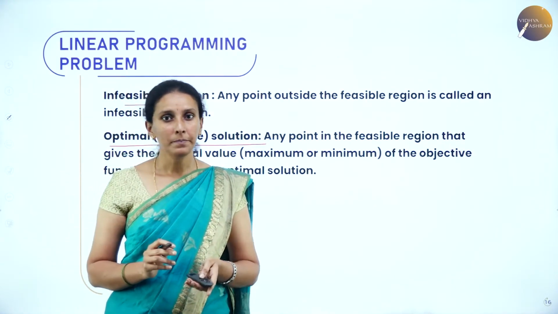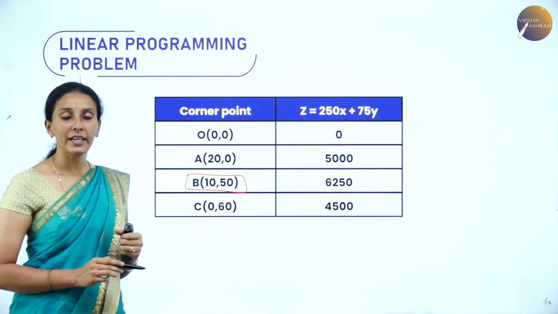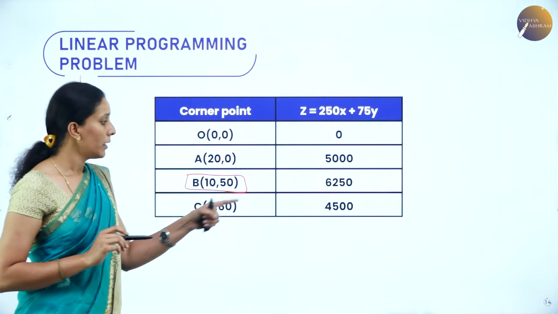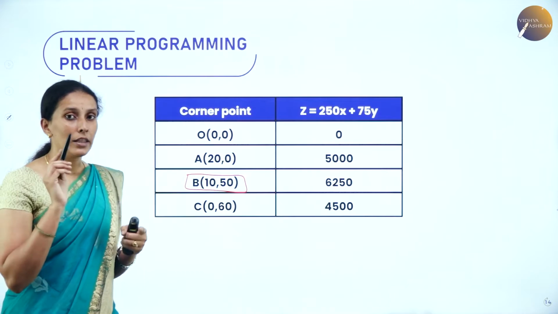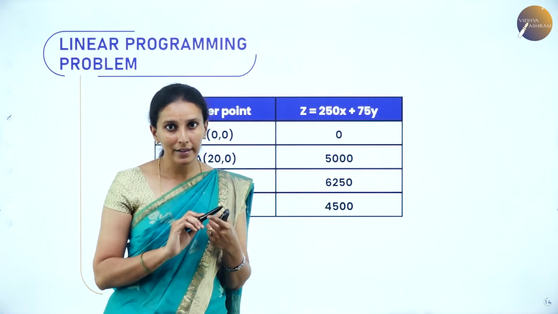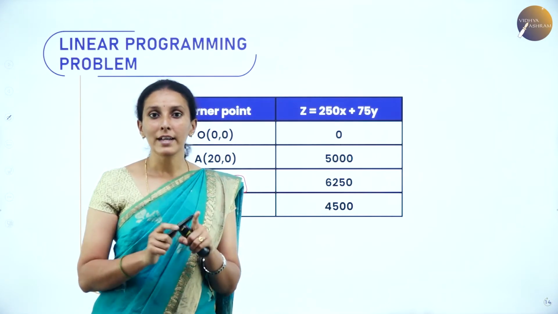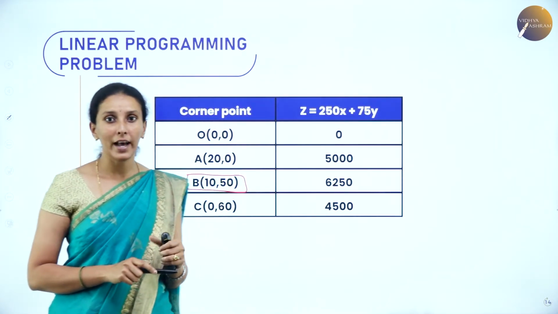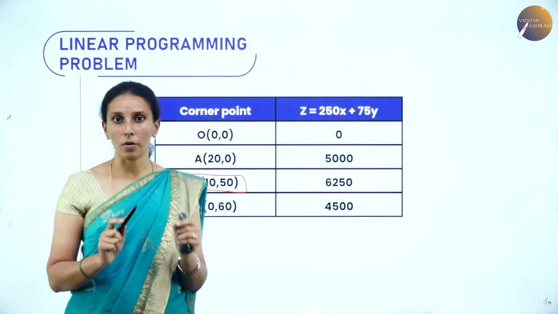For example, here the point B (10, 50) is the optimal solution. Why? Because you are getting the maximum value at this point. Therefore, the point where you get the maximum or minimum value, which is also called the optimal value, is called the optimal solution for the linear programming problem.